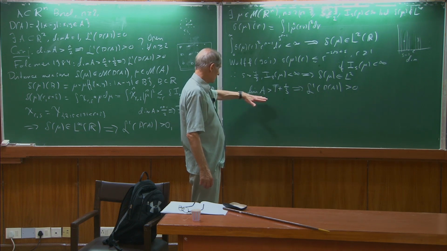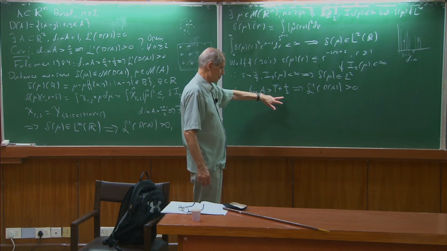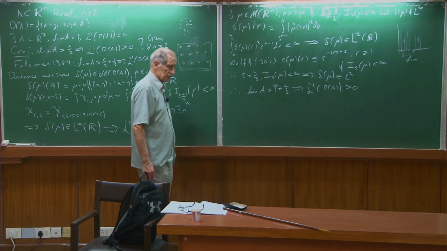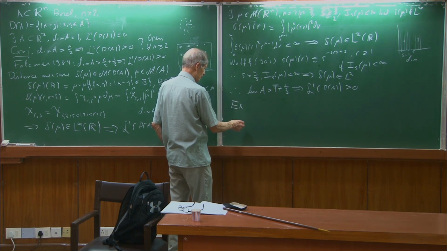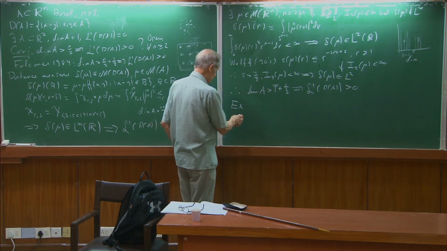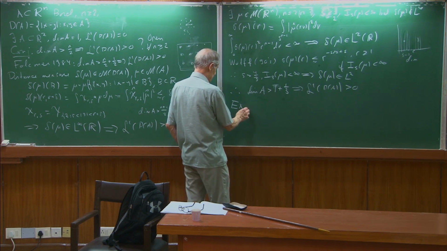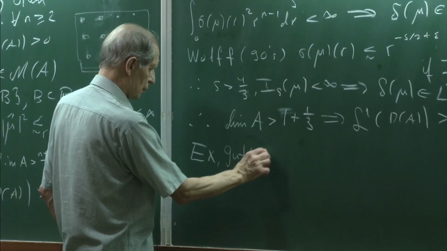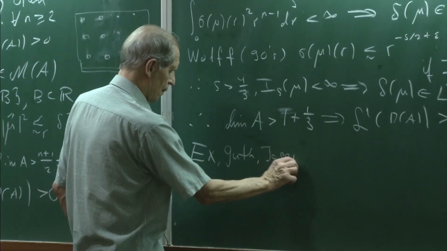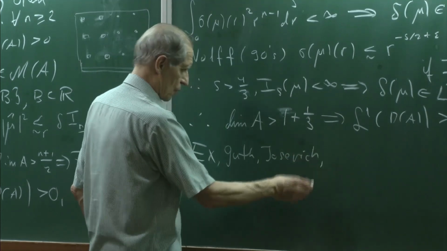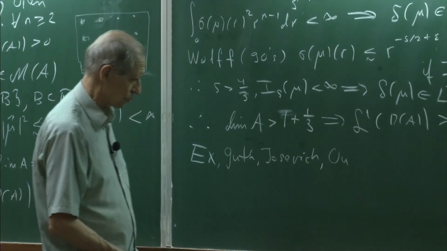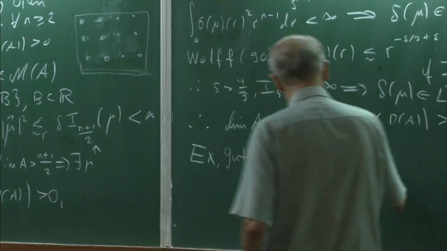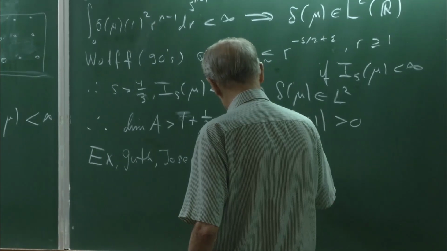So now can you use this method to lower this bound? Well, no, you cannot, because there is an example, quite recent, by Guth, Iosevich, Ou, I don't know if she pronounces O or U, that's a Chinese name, and Wang.